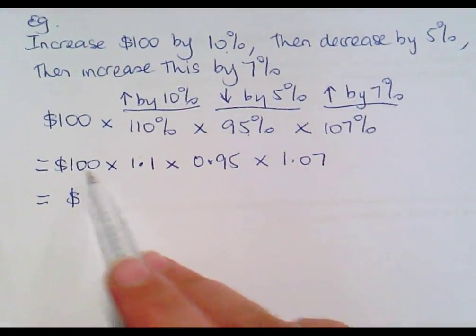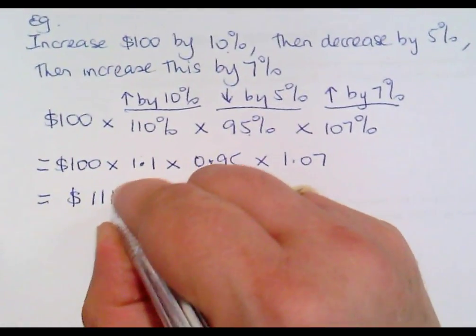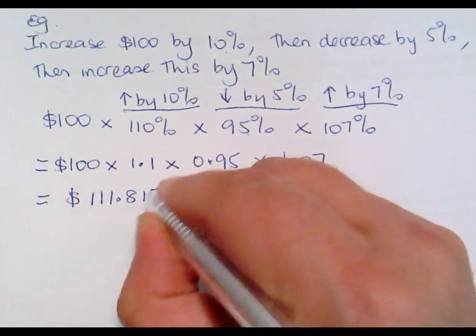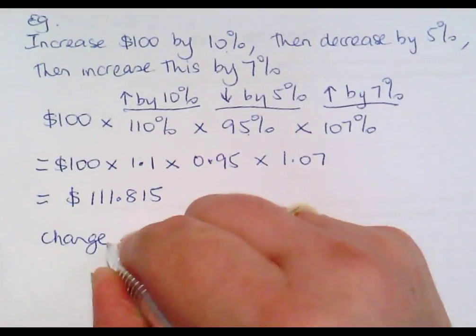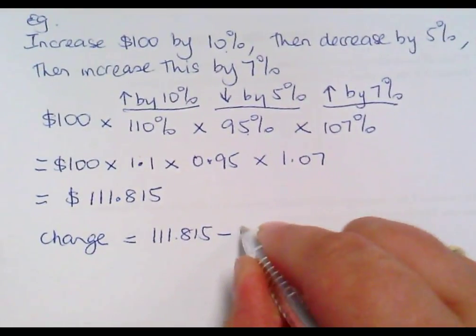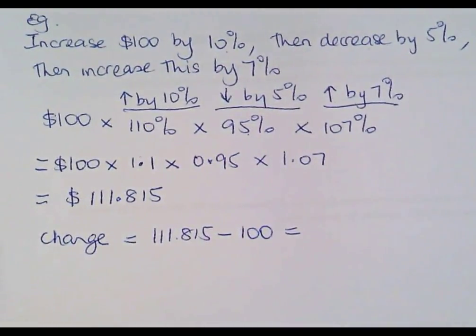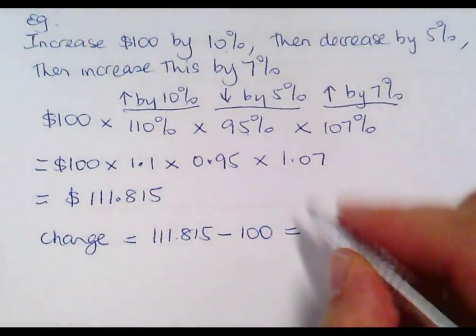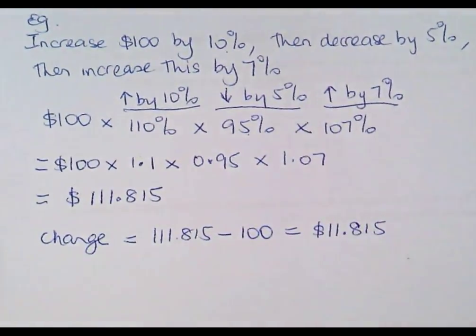So if I work this out, 100 times 1.1 times 0.95 times 1.07, I get 111.815. So therefore the change here we can see is 111.815 minus 100, because we started with exactly $100. That's the beauty of using this method. So the change is $11.815.